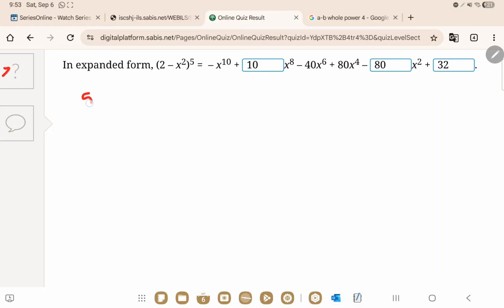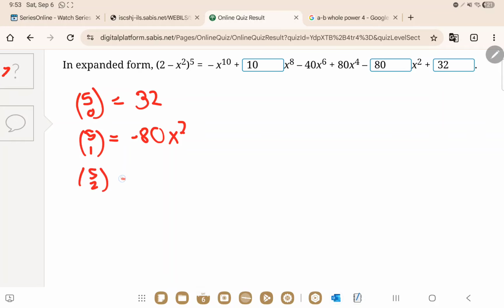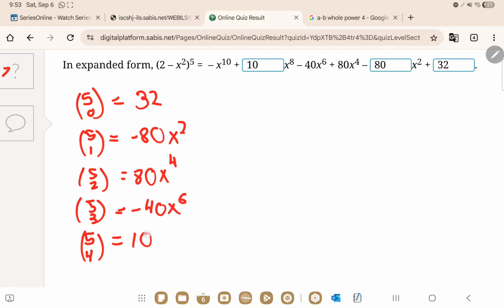So anyways, I'm just gonna write down 5C0, it was equal to 32. 5C1 was equal to negative 80x squared. 5C2 was equal to 80x to the power of 4. 5C3, I was gonna change the color and ended up deleting everything, equal to negative 40x to the power of 6. And now 5C4 was equal to 10x^8.